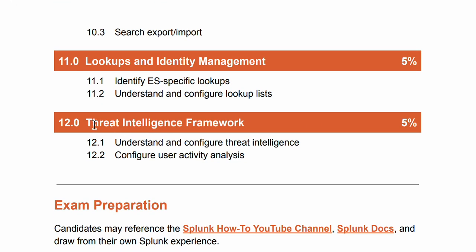This is the last topic in this training. It talks about understanding and configuring threat intel. Threat intel is a kind of intelligence from third party tools or third party sites which provide you intelligence about threats, by which you can identify whether in the organization you have any malicious communication or malicious activity from those threats.